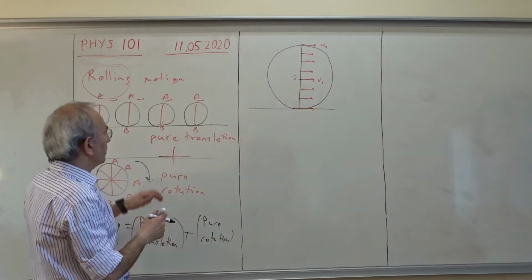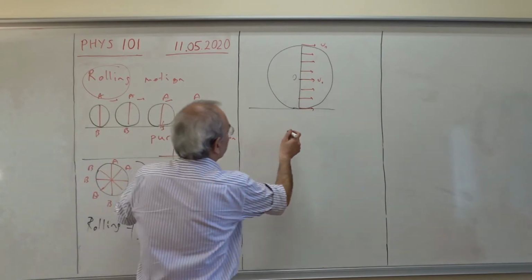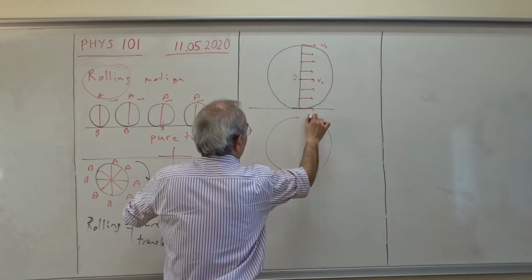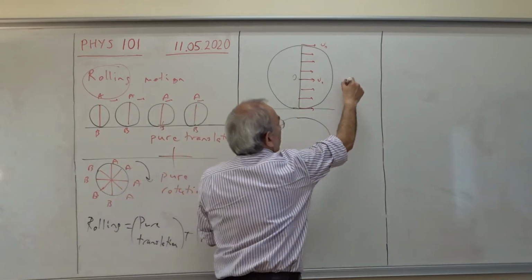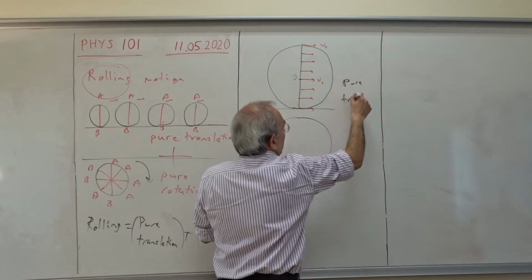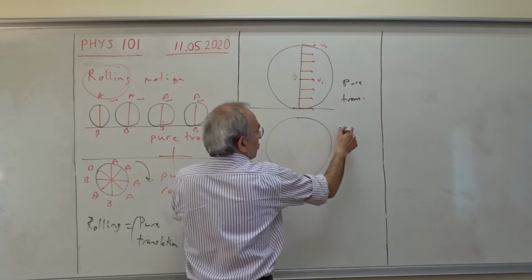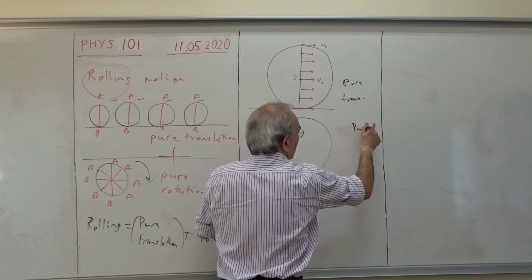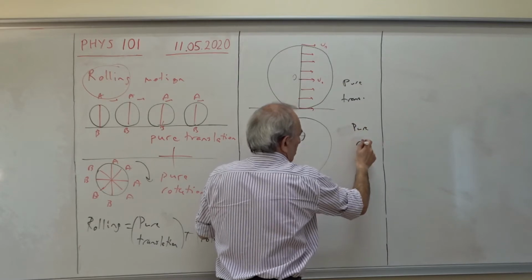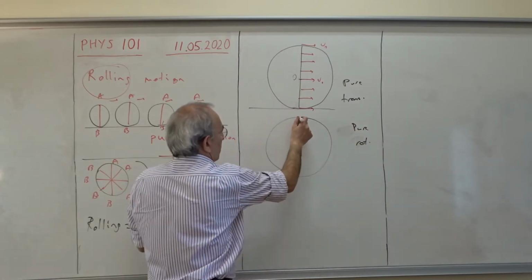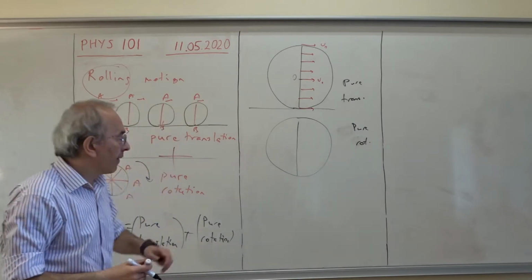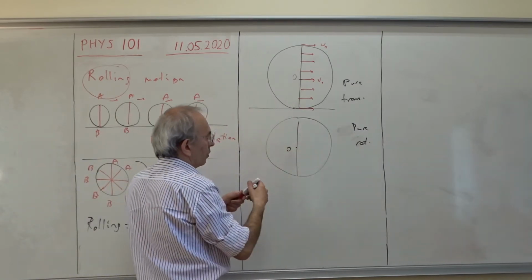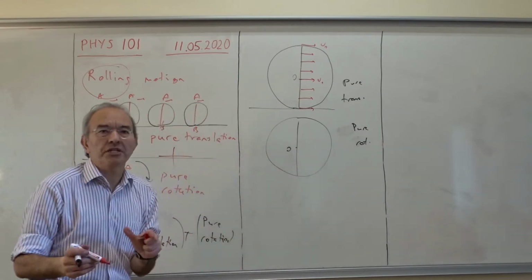On the other hand, for the case of pure rotation, since it is turning around the center, O has no speed.